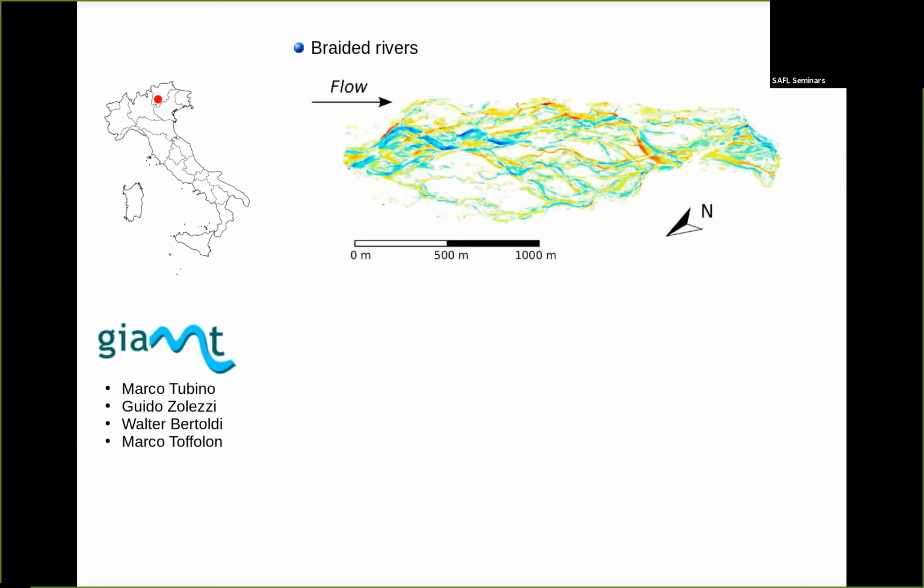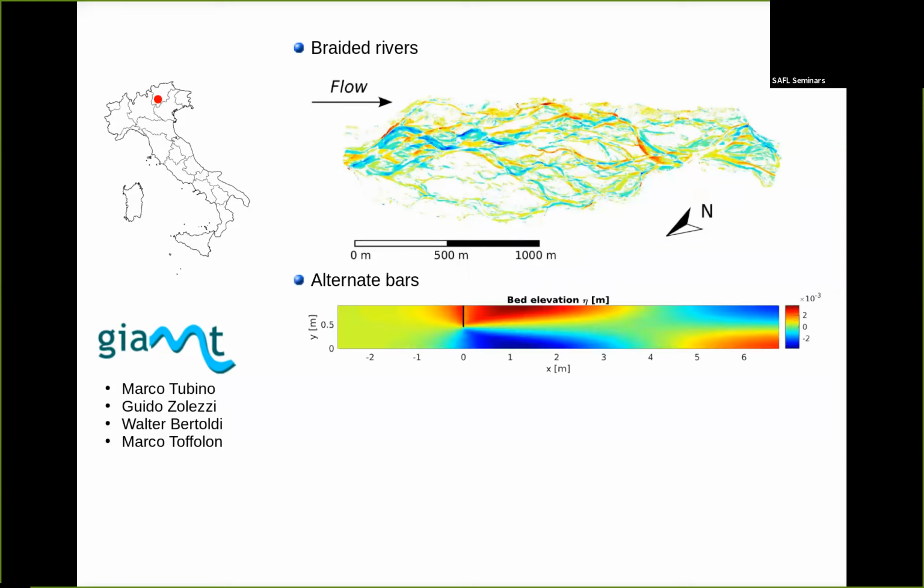Basically, I'm studying 3 aspects of river morphodynamics. I'm studying braided rivers, mainly in the laboratory. We are trying to understand how the reach scale properties of a braided river depend on conditions. Then I'm studying alternate bars.